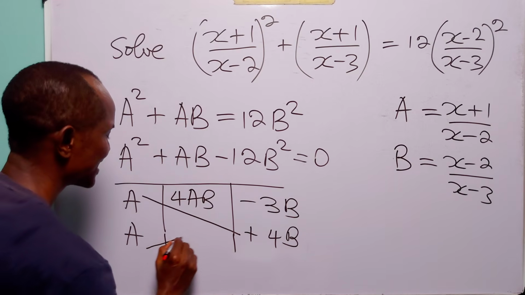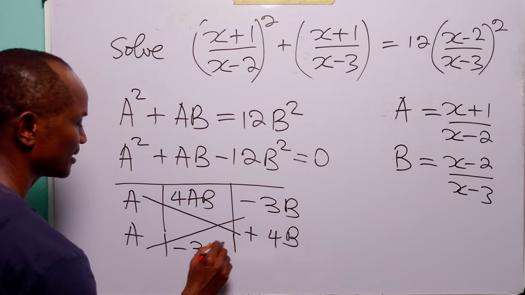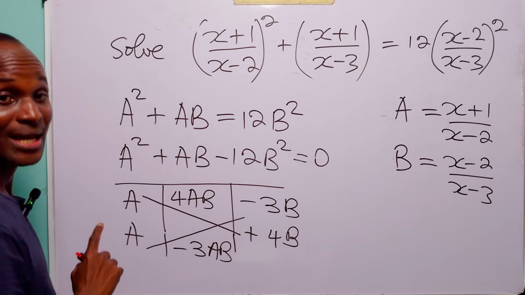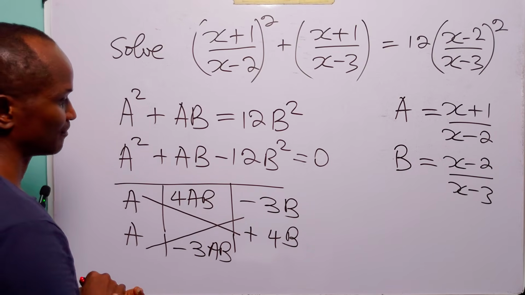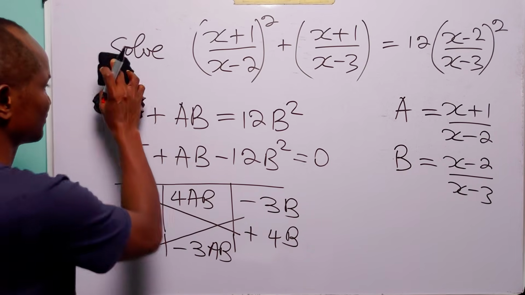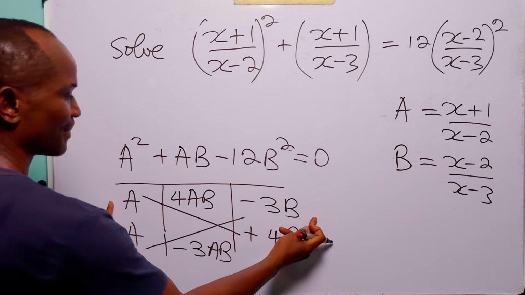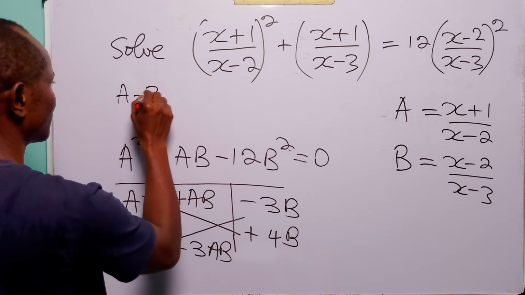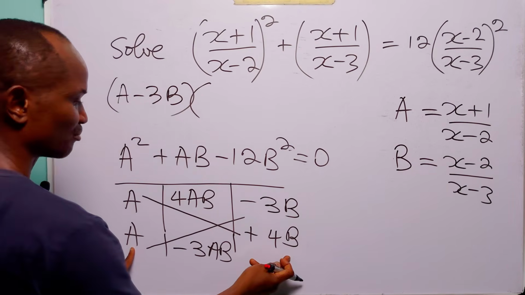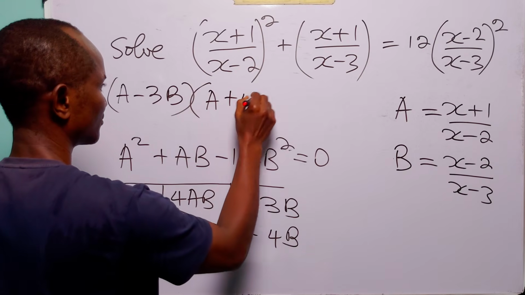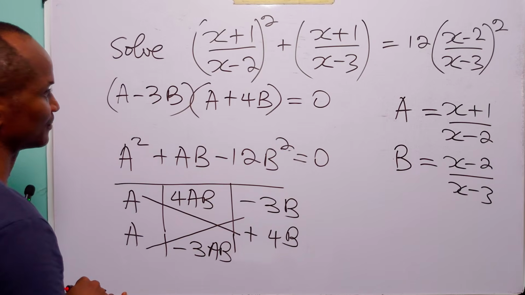And when we multiply a by minus 3b, we have minus 3ab. And 4ab minus 3ab is going to give us plus ab. So we have that the factors of this quadratic equation are a minus 3b multiplied by a plus 4b. And of course, this is equal to 0.